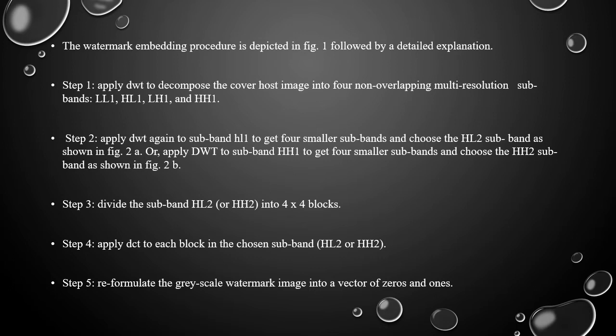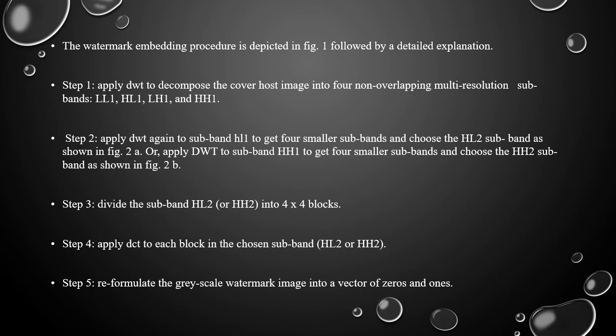Then we apply 2 levels of DWT to the subbands. First, we can apply DWT to HL1 to get 4 smaller subbands, and we can choose HL2 as the subband.